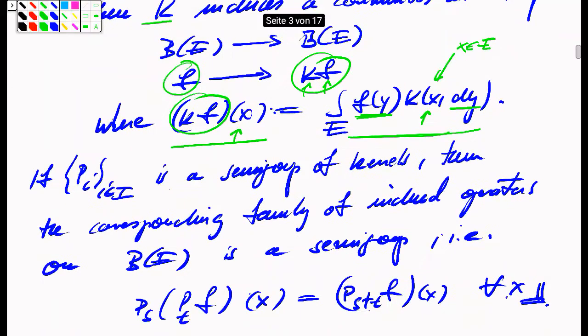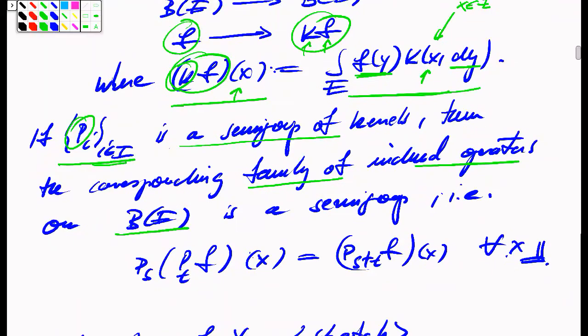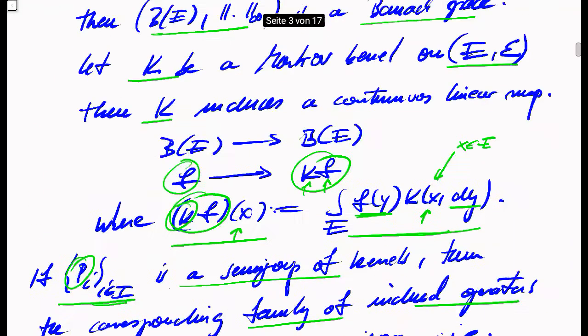Now, if we have not only one kernel k, but an entire family pi, which is indexed by t, and if this family of kernels is in fact a semigroup of kernels in the sense that they are stable with respect to convolution, then for each s and t, we have such an induced operator. And then we find a statement here.